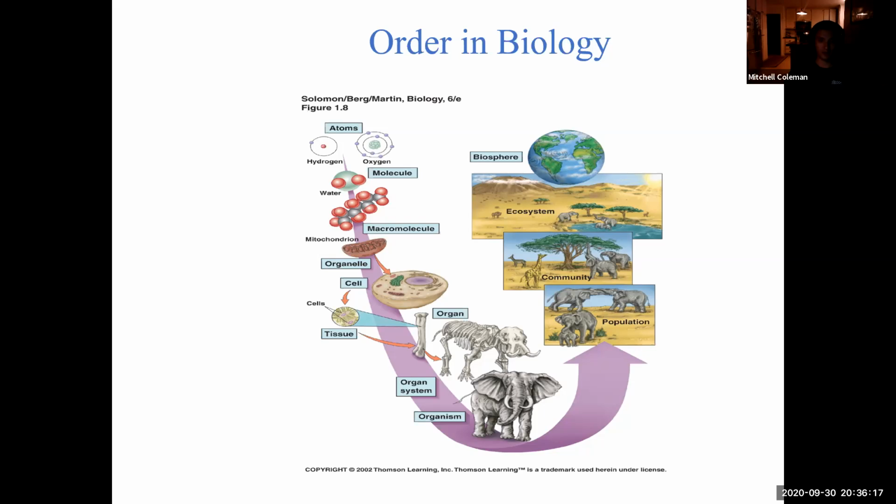So the 4 types of biological macromolecules, that would be right here. And then today we're going to bump up to the cellular level and talk about various structures of cells. And we will just keep going on from there.